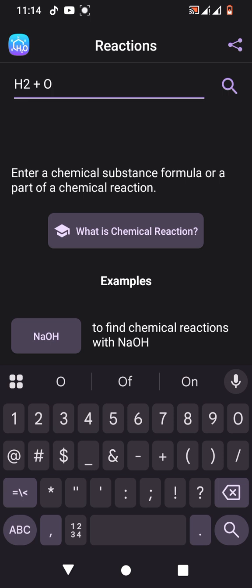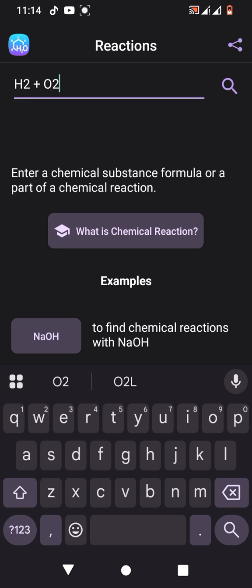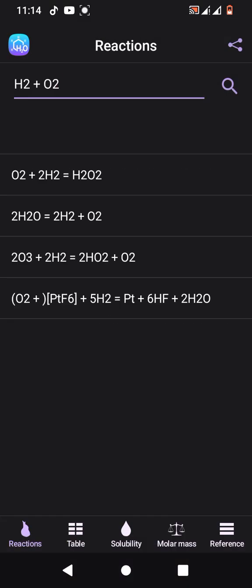It's actually what happens in a rocket. So they react hydrogen and oxygen. So you only need to just add these two elements. So this app will actually calculate the answer for you, and it will give you a series of possible reactions. So just tap this search icon, and you have a list of possible formulas.